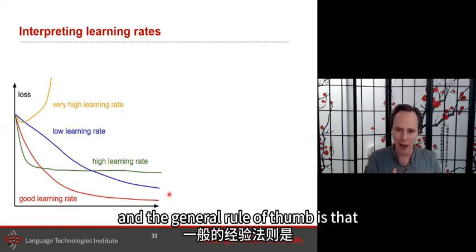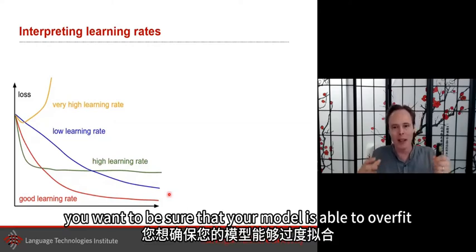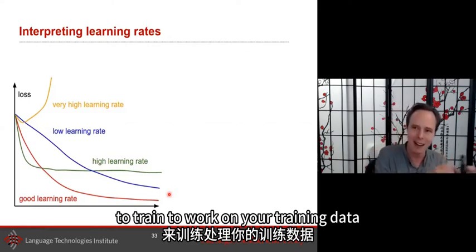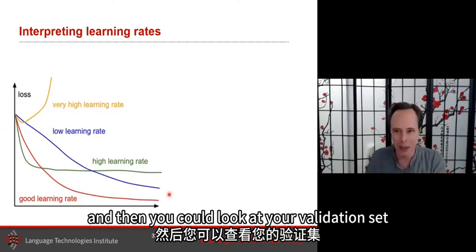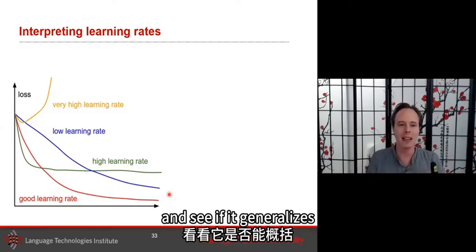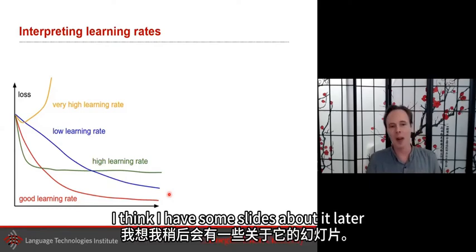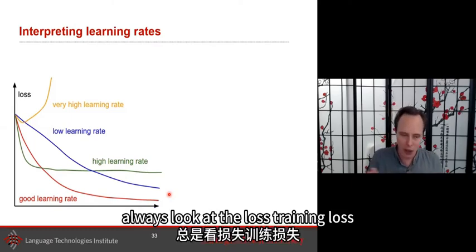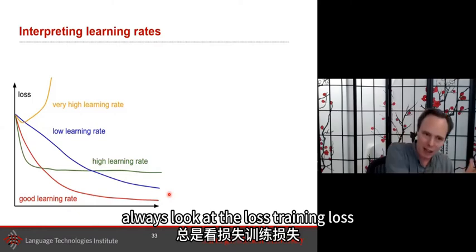The general rule of thumb is that you want to be sure that your model is able to overfit, to work on your training data. And then you can look at your validation set and see if it generalizes. I think I have some slides about it later, but the general rule of thumb is always look at the training loss.